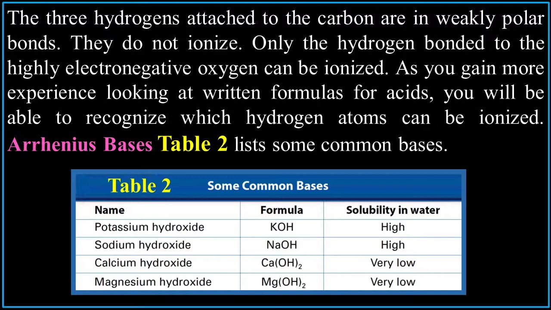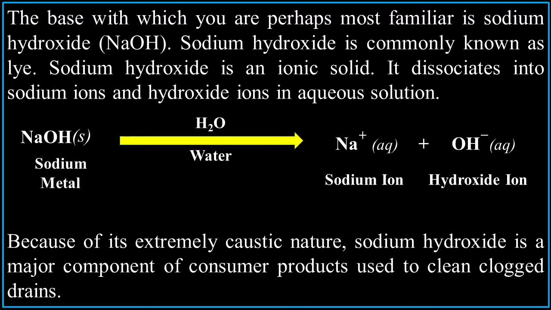As you gain more experience looking at written formulas for acids, you will be able to recognize which hydrogen atoms can be ionized. Arrhenius bases. Table 2 lists some common bases. The base with which you are perhaps most familiar is sodium hydroxide, commonly known as lye.